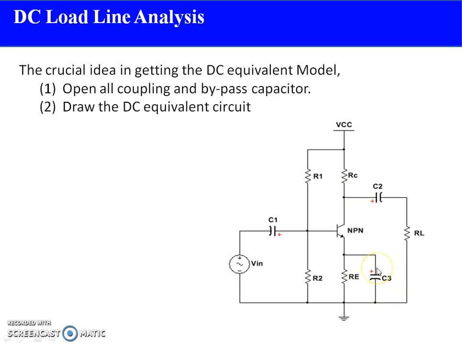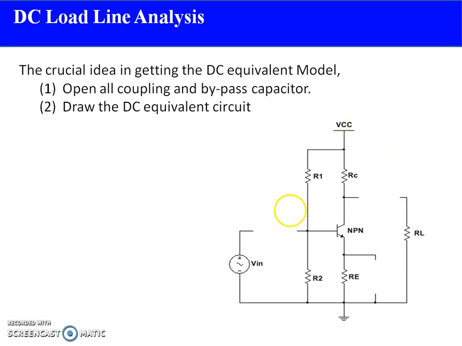From a DC analysis point of view, open all the coupling and bypass capacitors, because a capacitor does not allow the DC component to pass, it only allows the AC component to pass. So I need to replace the capacitors C1, C2 and C3 with open circuits. In this way you can replace the capacitor as an open circuit for DC analysis.